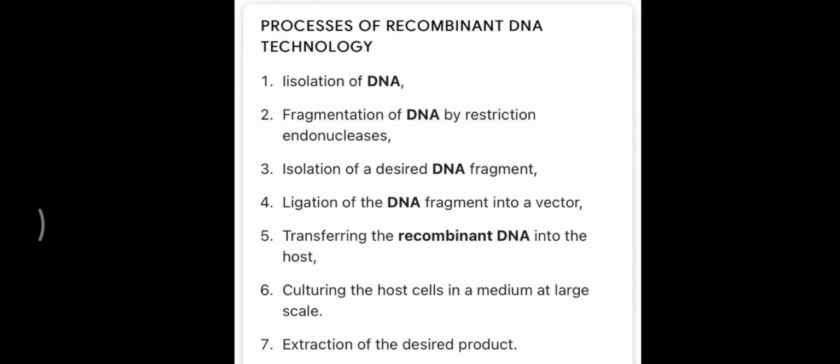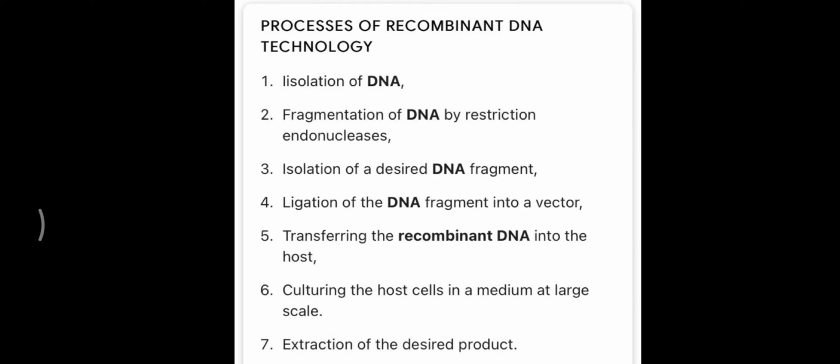After creating the fragments of DNA, the desired DNA fragments or gene of interest are isolated by using agarose gel electrophoresis. Then the desired gene of interest is ligated to the vector.